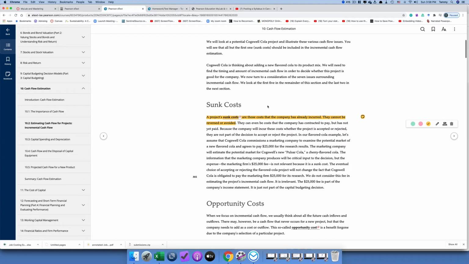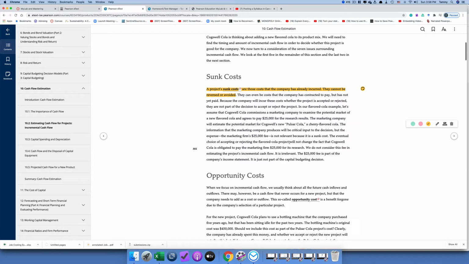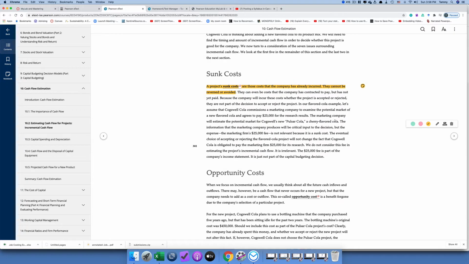Okay, so let's say that they've commissioned a marketing company to examine the potential market, and the money is going to be spent whether or not they move forward with this product, right? It's a sunk cost. They're not going to get it back.